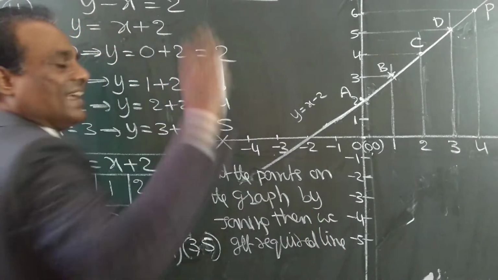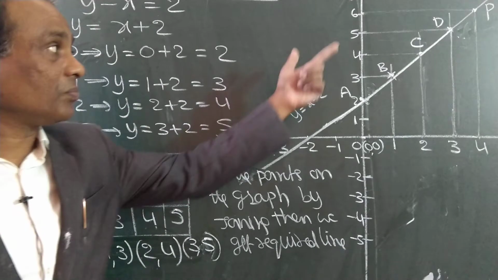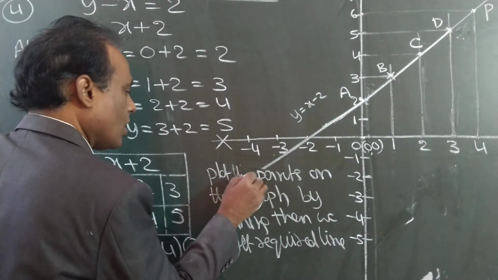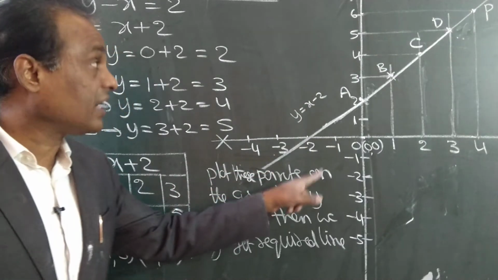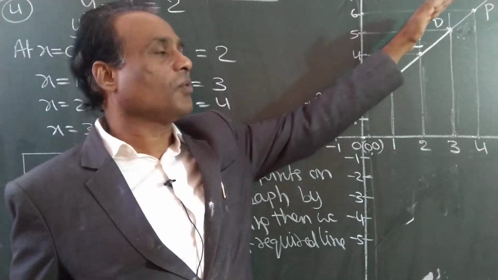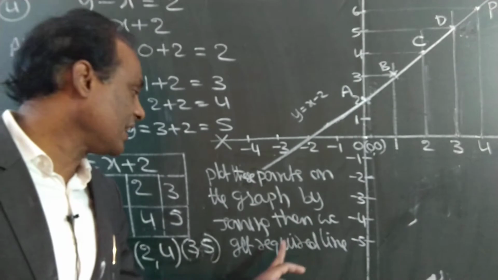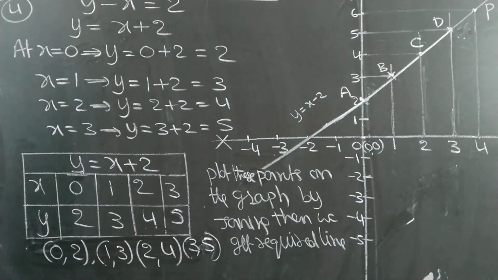Plot these points on the graph. By joining these points, we get the required line. We got the answer.